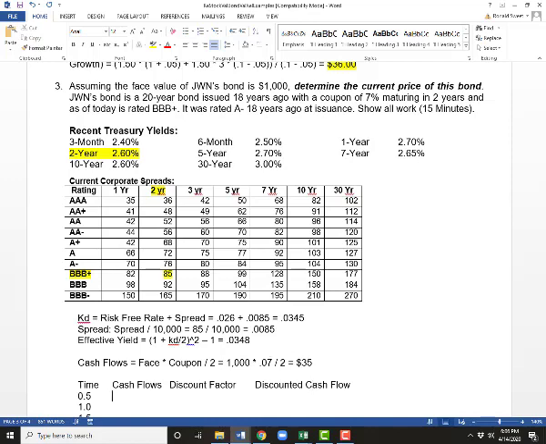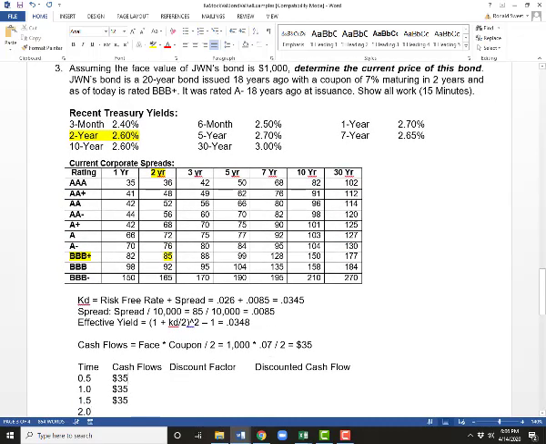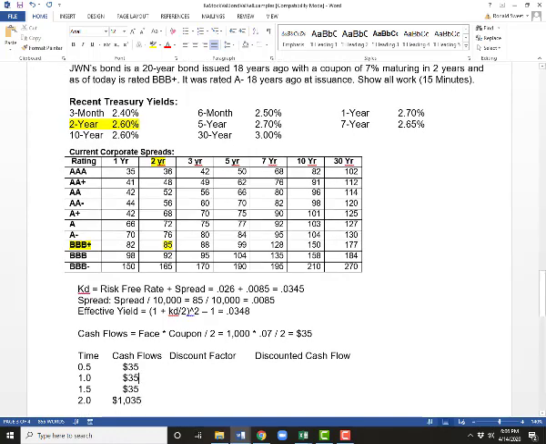So there are our cash flows: 35, 35, 35, except the very last time it's going to be 1,035 because you get your principal back. So there are our cash flows.